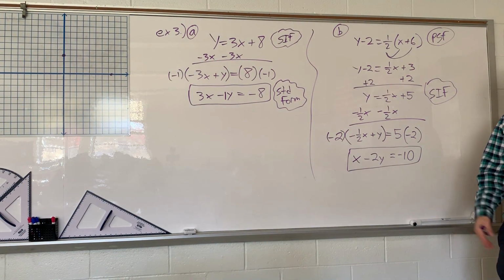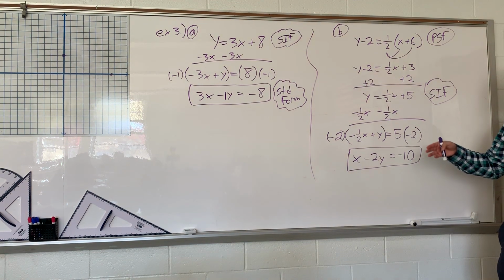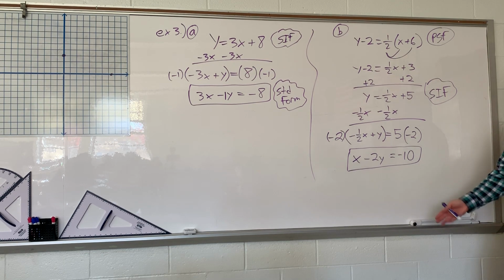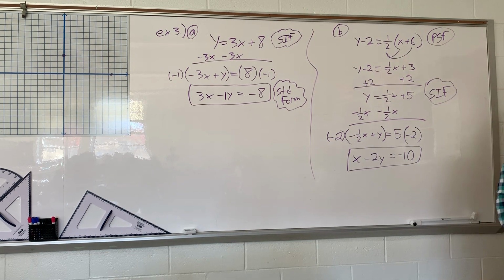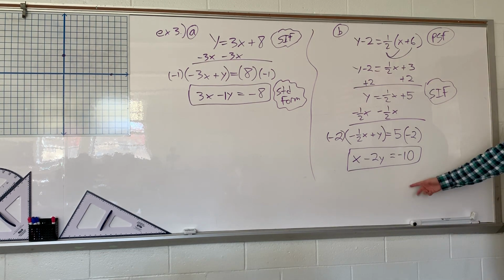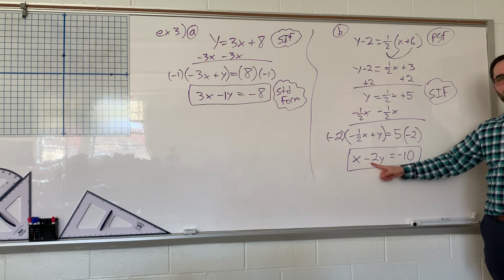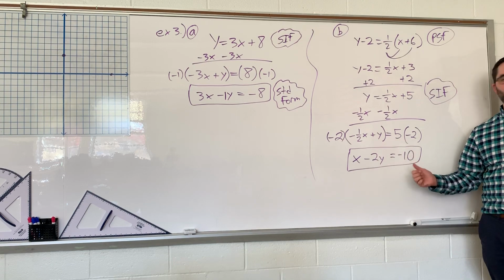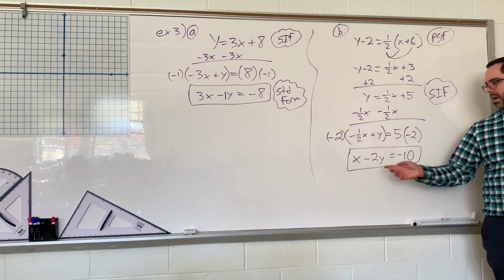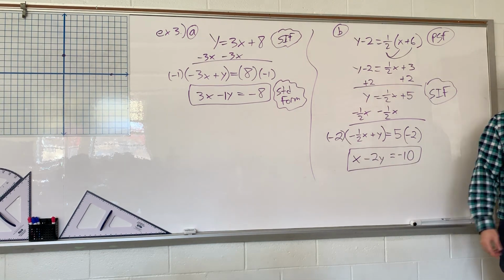So then I would have had 2x minus negative 4y equals negative 20. Isn't that in standard form? Yes, it is. You could have done that and it would have been correct. But that equation simplifies to this equation. Also, this minus 2y, you can also have it as x plus negative 2y equals negative 10. But I just leave the minus as a minus. Okay, questions?